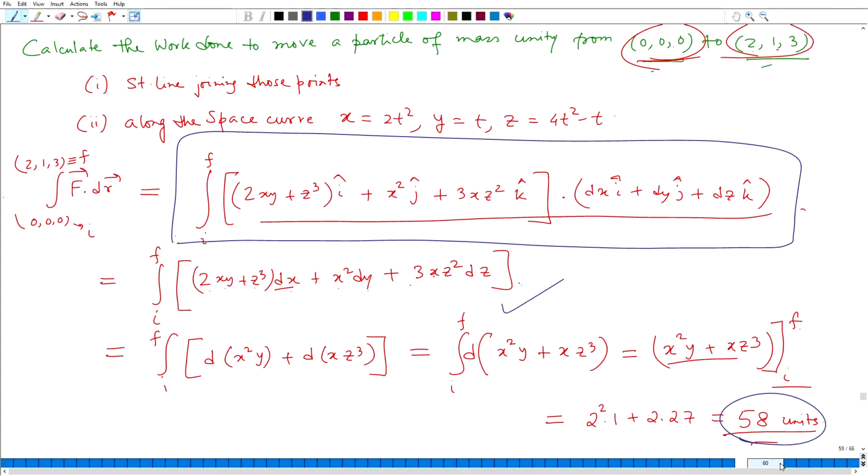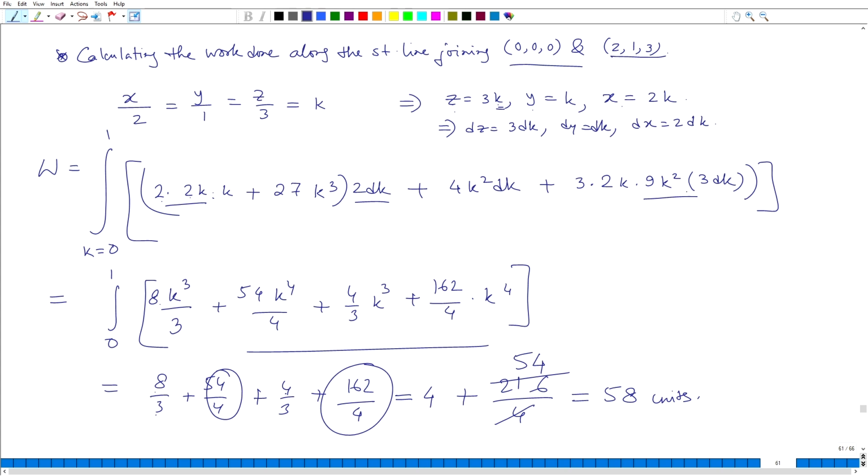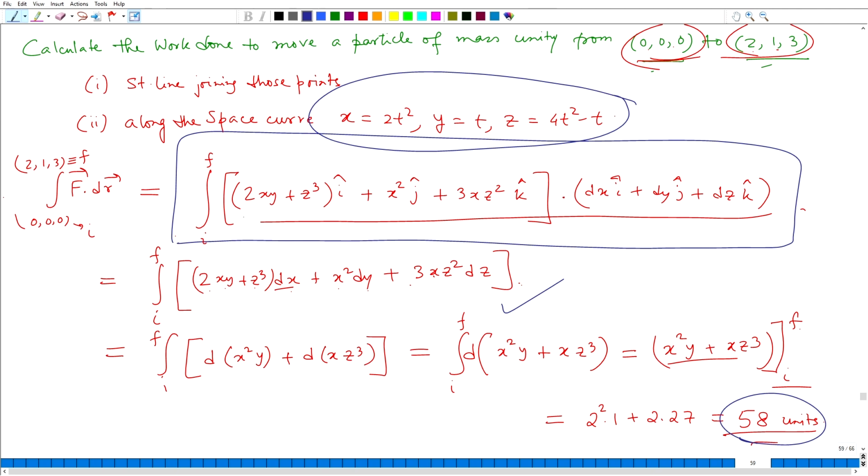What I would request you to do is to calculate the work done along this space curve. This is actually much easier. Just like here I have converted everything in terms of k, there you have to convert x, y and z and all the coordinates in terms of this t, and you have to just remark that when t is equal to 0, you have this initial point, and when t is equal to 1, you have this final point.